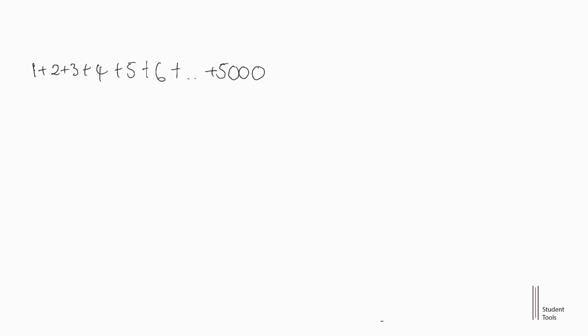But here we will start with 4 to the power 0 because 4 to the power 0 lies in the series. So we will have 4 to the power 0 plus 4 to the power 1, which is equal to 4, and we have 4 to the power 2. We also have 4 to the power 3, 4 to the power 4, plus 4 to the power 5 and plus 4 to the power 6.